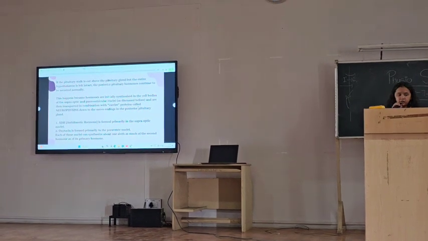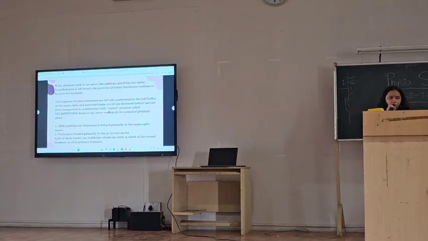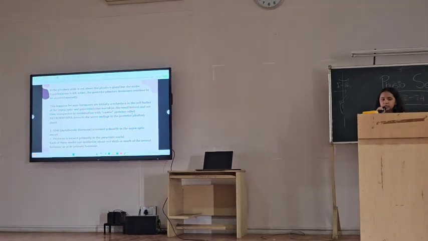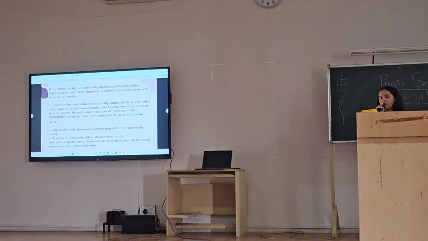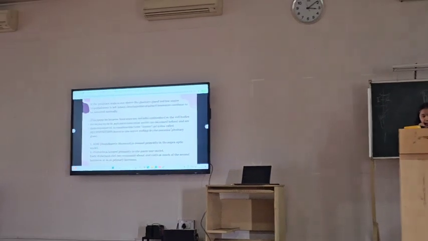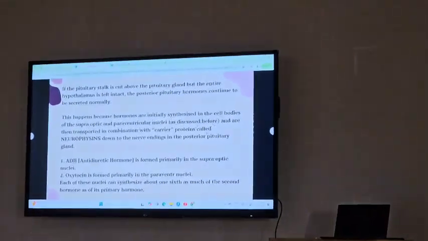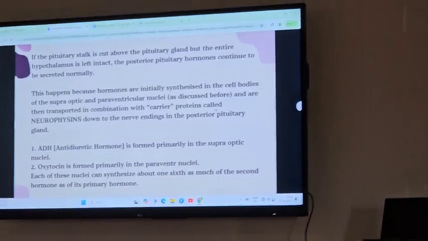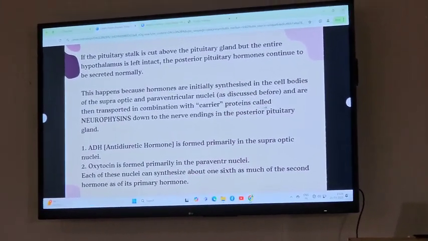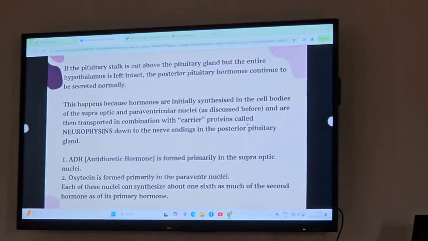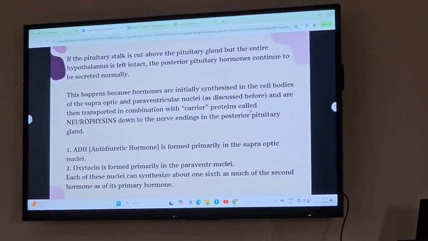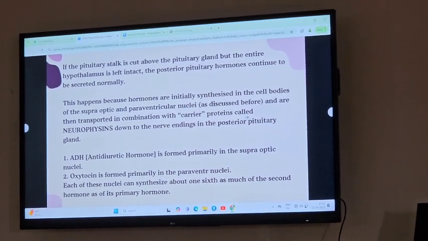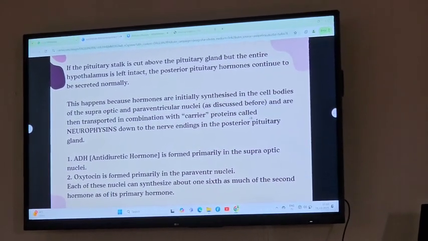Let's discuss a fun fact. If the posterior pituitary stalk is cut above the pituitary gland, but the entire hypothalamus is intact, the posterior pituitary hormones continue to be secreted normally. This happens because hormones are initially synthesized in the cell bodies of the supraoptic and paraventricular nuclei, as discussed before, and then are transported in combination with carrier proteins called neurophysins down to the nerve endings in the posterior pituitary gland.